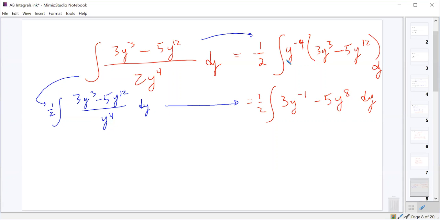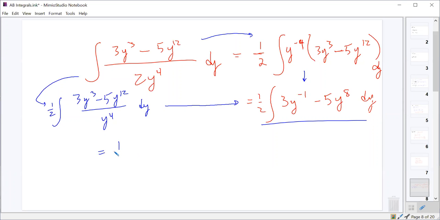So either way that we go about it is fine. You can bring that y to the negative 4th up and distribute, or you can just divide the terms one by one by that denominator. Everybody see that both of those would yield the same integral to find in the end? Yeah. Okay, cool.